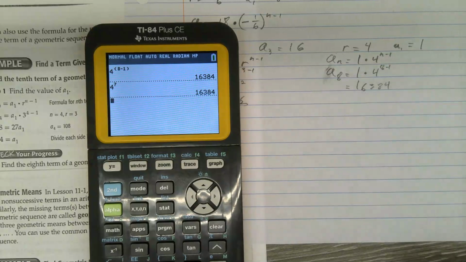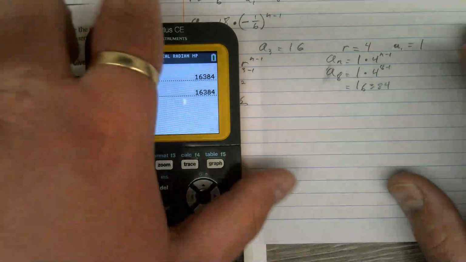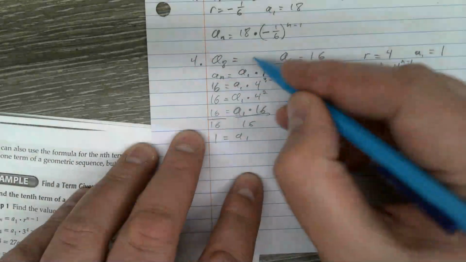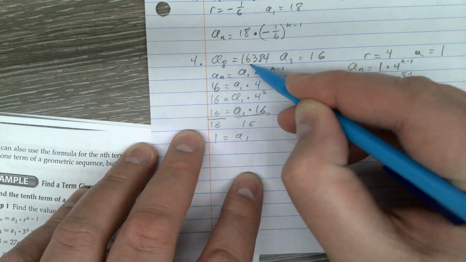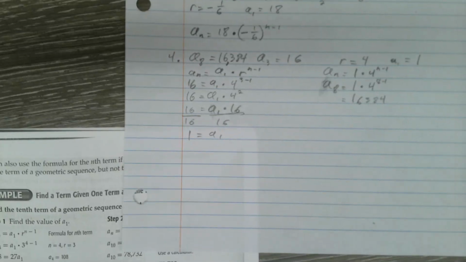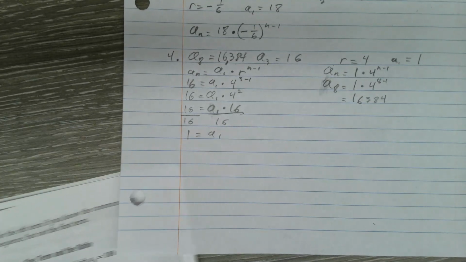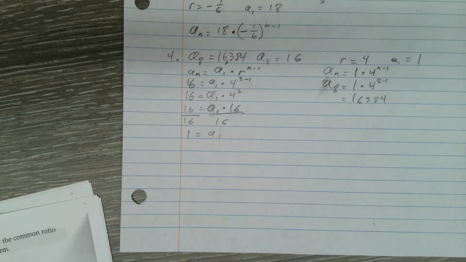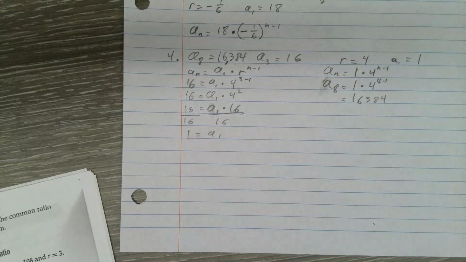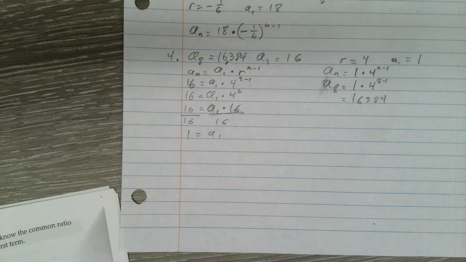But it's still times 1, right? So A8 equals 16384. We can go ahead and throw a comma in there. So that is how we find any term in our geometric sequence given any one term and our common ratio.